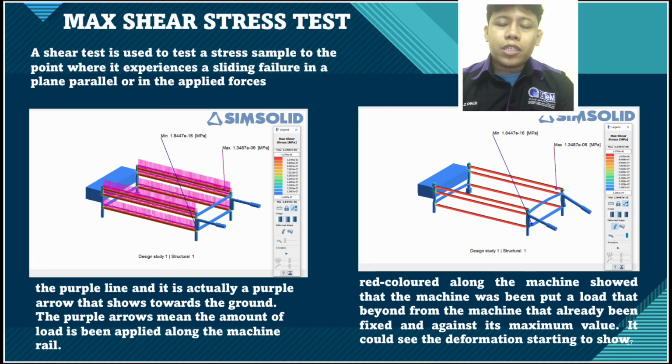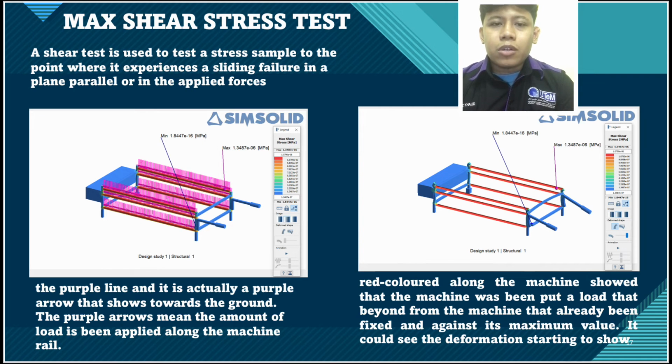From the picture below, we can see the purple arrow that points towards the ground. The purple arrow means the amount of load being applied along the machine rail.